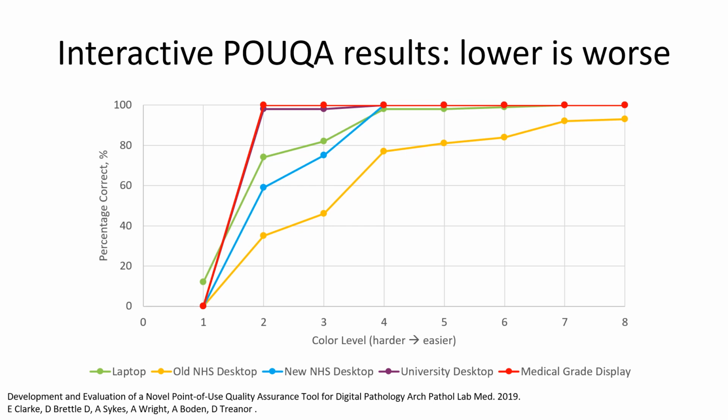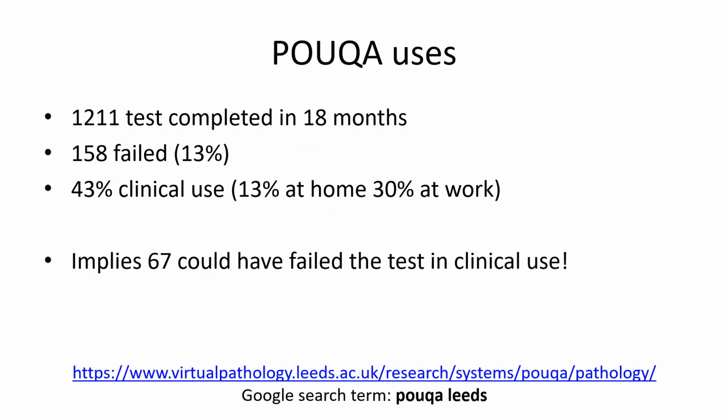However, the opposite, of course, is if you get a medical grade display, you can see pretty much 100% all the way across the range. Interestingly, the university desktops, they must have more money than we have, are much better than the NHS displays, even the new ones. But this just illustrates very nicely the importance of the display and the importance of picking the right display and the impact on your ability to perceive that data as presented on it.